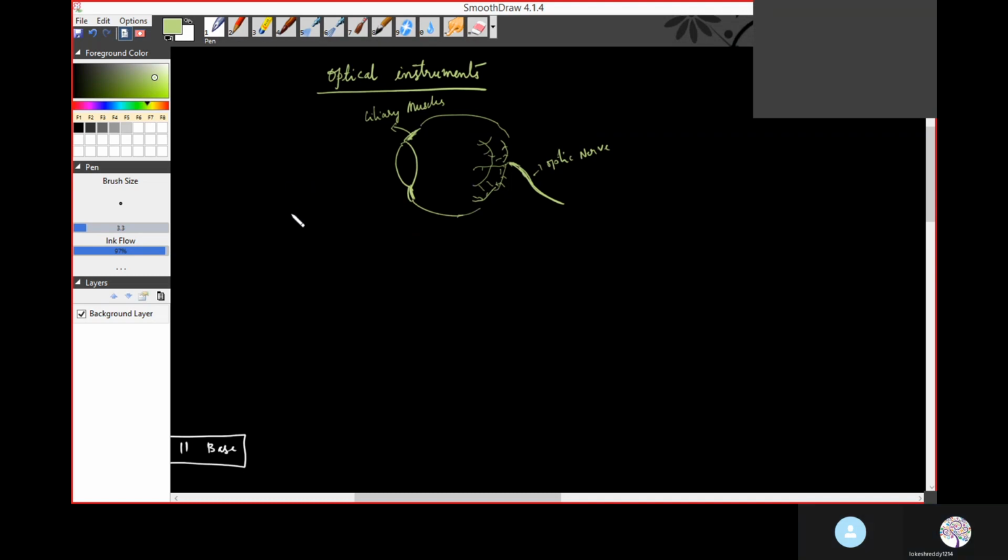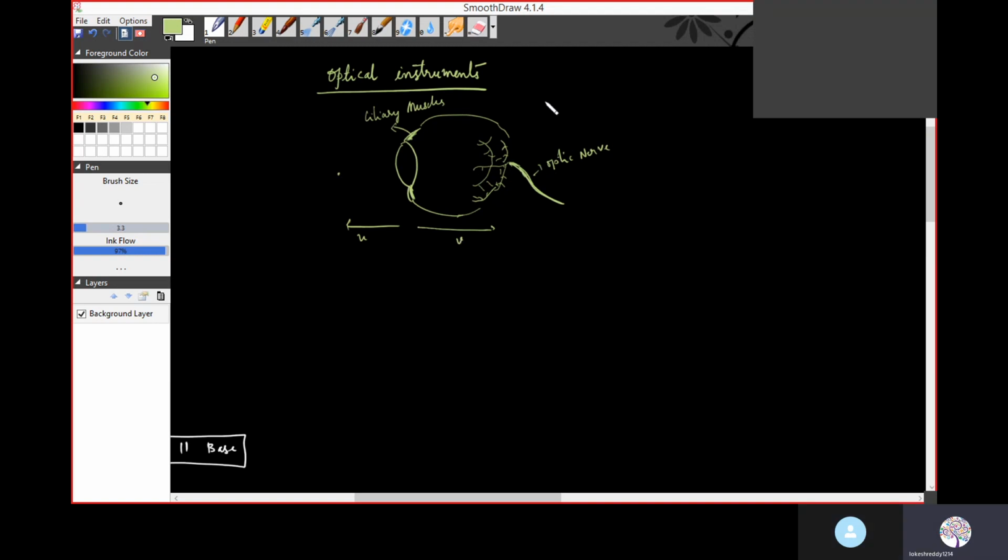If you are looking at different objects, the eye will adjust the focal length such that the image will form here. So this is u, and v is fixed. It will adjust the focal length such that v falls here.